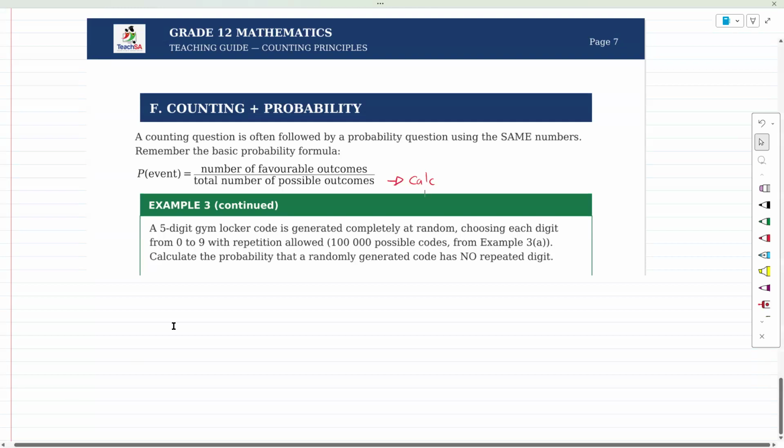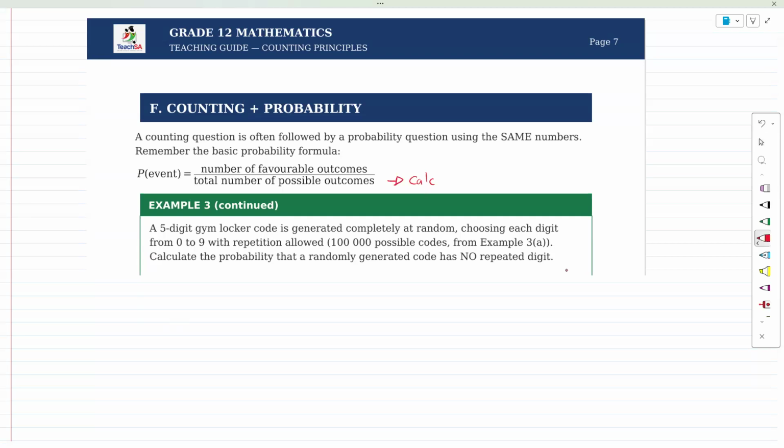Let's start. A five-digit gym locker code is generated completely at random, choosing each digit from 0 to 9 with repetition allowed. So it's a five-digit code and repetition is allowed.